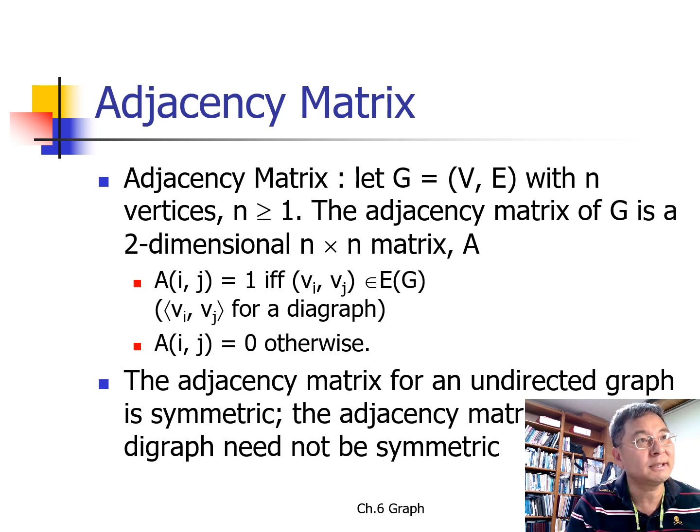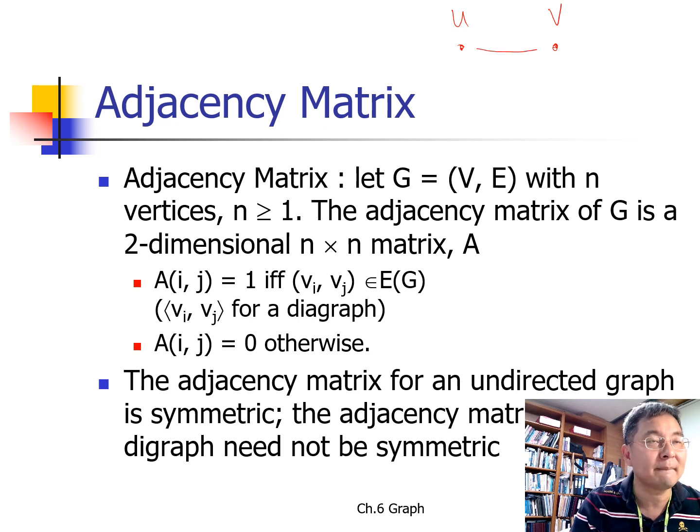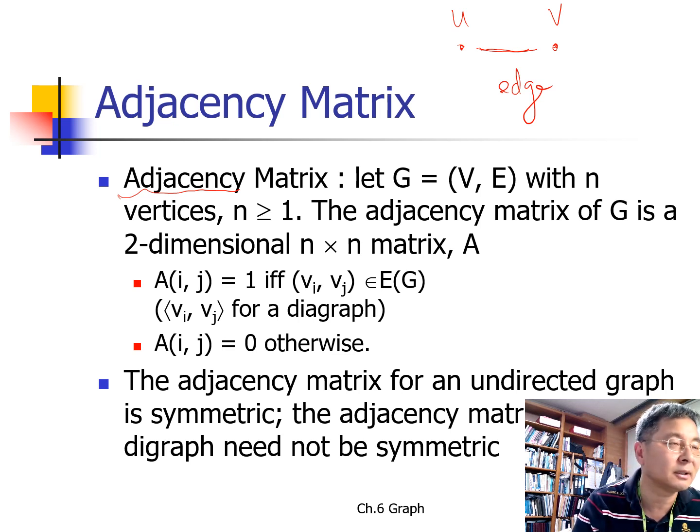If we consider two vertices, U and V, and there is one edge between these two vertices, then U is adjacent to V, and V is adjacent to U. So adjacency means a relationship between two vertices, and this edge is incident to U and V. That was the incident terminology, and the adjacency matrix uses the adjacent relationship.